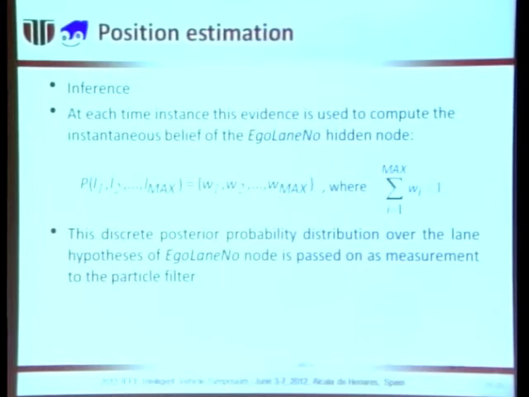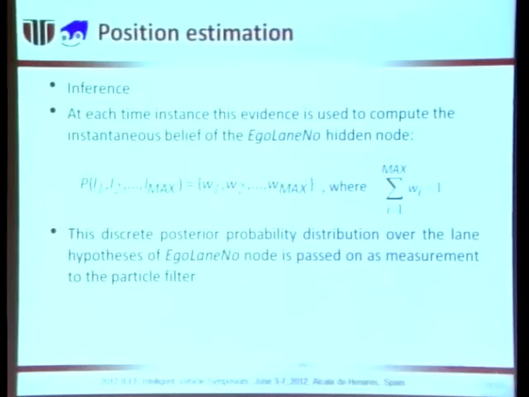I would like to mention also the parameters. The parameters are learned for every segment in part. So they are learned using the information from the extended digital map as data set for the maximum likelihood estimation, because we are dealing with a complete data case.